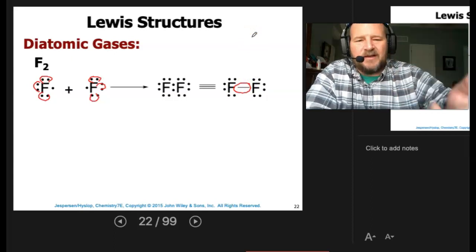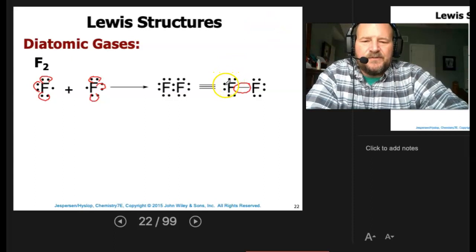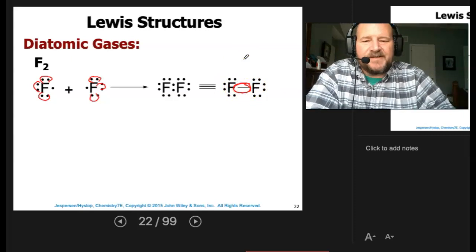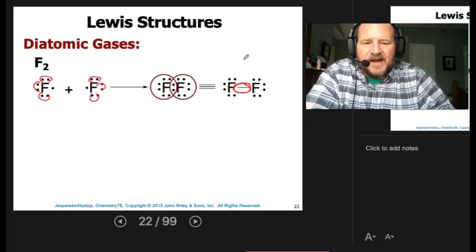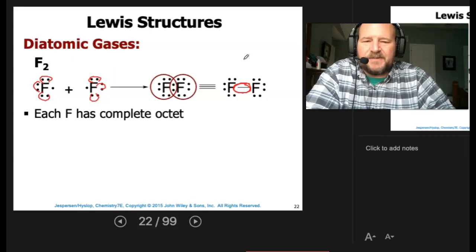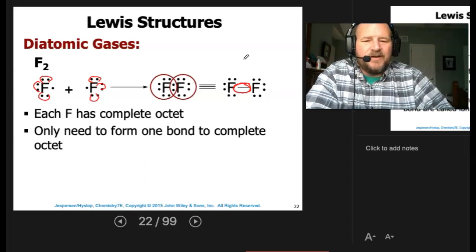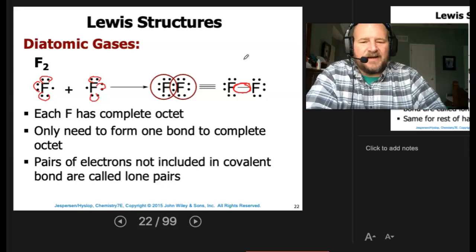Now, when we go to count electrons, we get 2, 4, 6. We get to count the one in the middle, so that's going to be 8. And then 2, 4, 6. Again, we get to count the ones in the middle for the second fluorine, so that's also going to give us 8. And so we can see that overlap right there, and that's how we're going to end up with that single bond. So each F has a complete octet this way, right? We only need to form one bond to complete that octet.